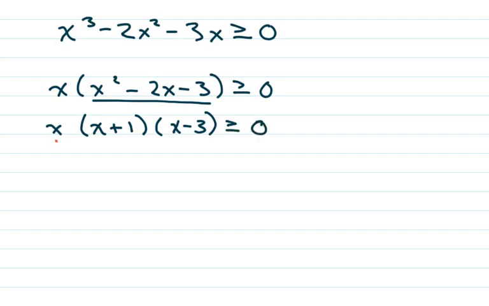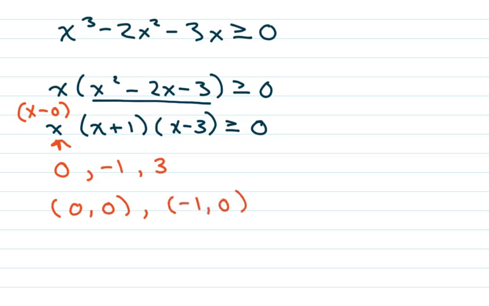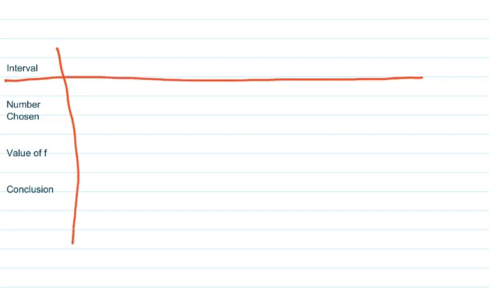Now our zeros, we have a 0 here at 0. This is like x minus 0. So we have a 0 at 0, at negative 1, and at 3. That would be x equals those. Or you could write 0, 0, negative 1, 0, and 3, 0. Basically, those are your x-intercepts. Those are your zeros. Okay, so we're going to use all of those for our intervals.